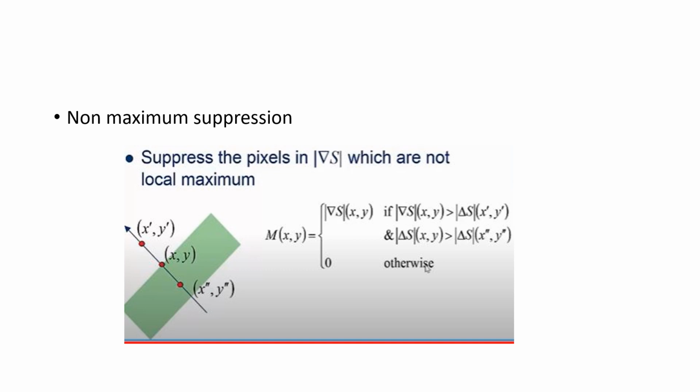If the magnitude M of i comma j is bigger than the two interpolated results in the gradient direction, it will be marked as a Canny edge point, otherwise it will be marked as a non-edge point. Therefore, this non-maximum suppression ensures single pixel width, means we will be getting accurately the position of the edges present in the image.